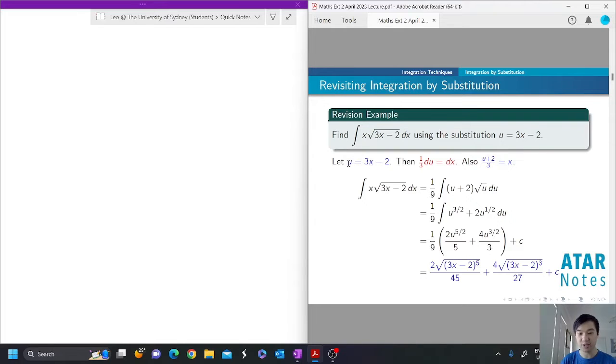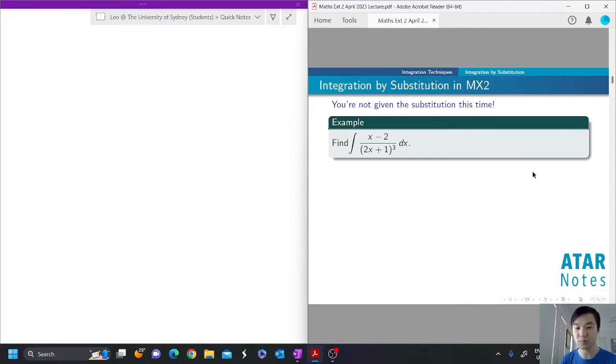You would let u be equal to the substitution given, differentiate, and rearrange to convert all the x's into terms of u. So in this case, the dx here becomes a third du. And then you can integrate like normal, and afterwards you make x the subject, so you replace all the u's with x's again.